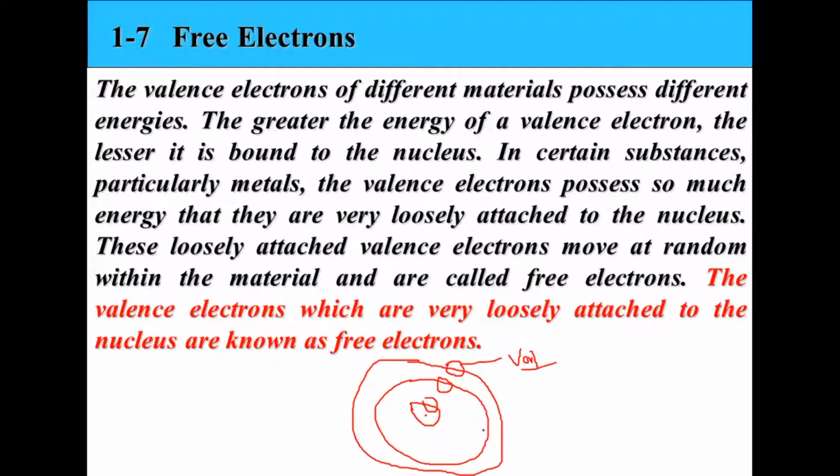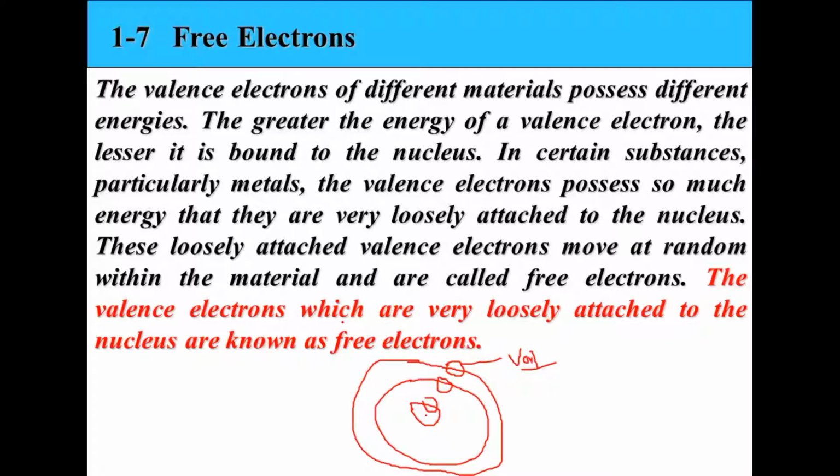When electrons are so far away from the nucleus, this being the nucleus, or are loosely attached to it, these electrons move at random within the material and are called free electrons.